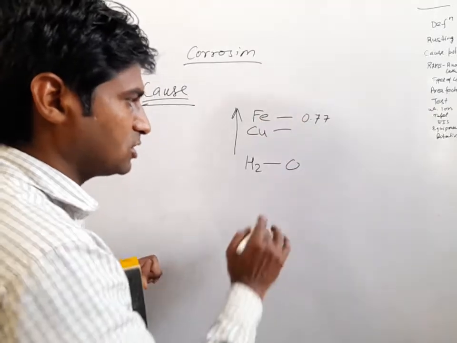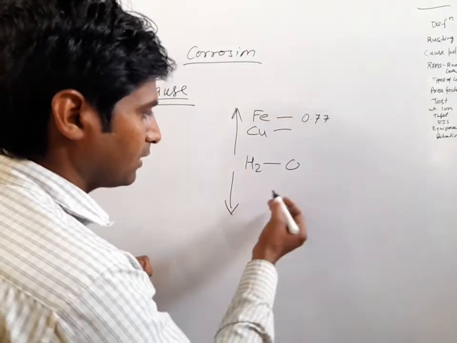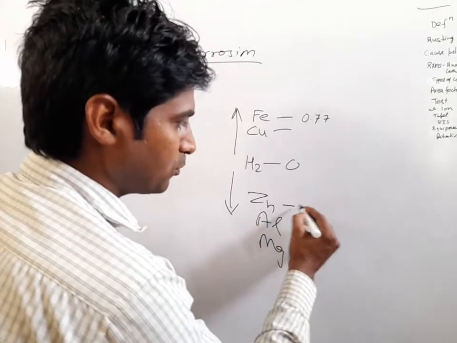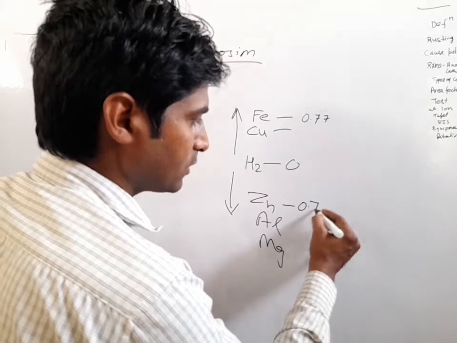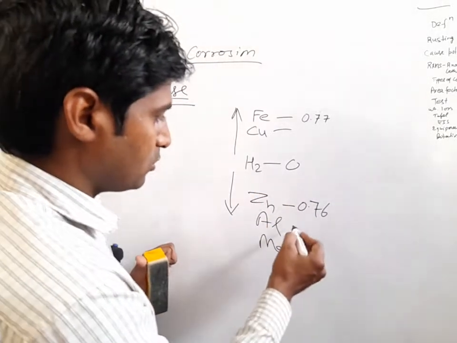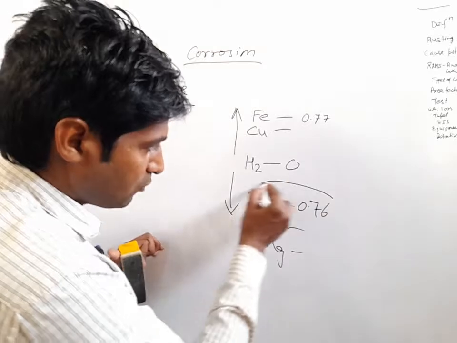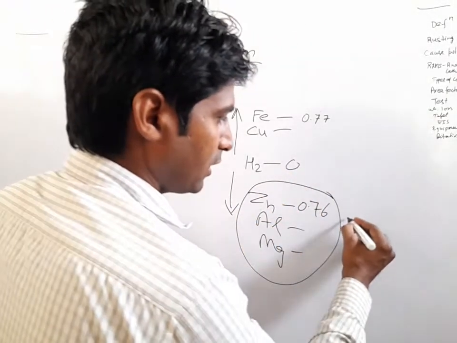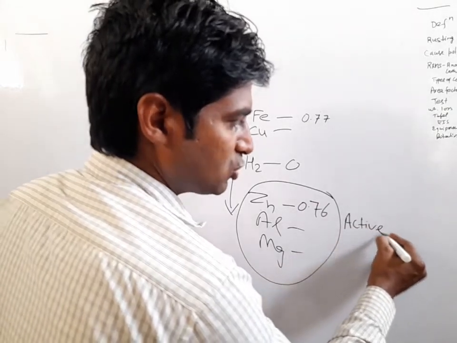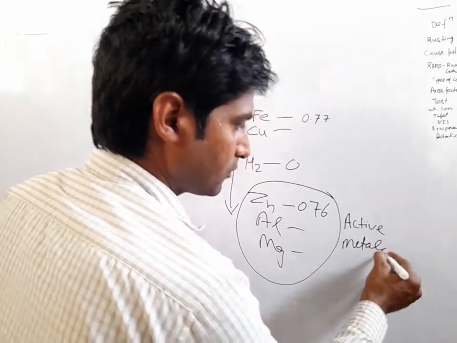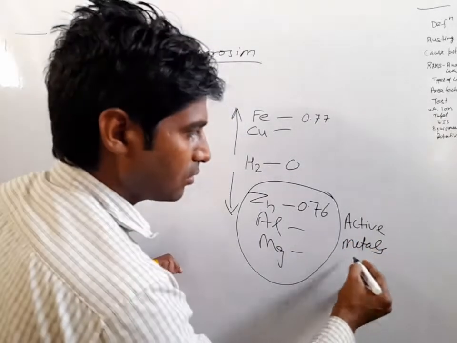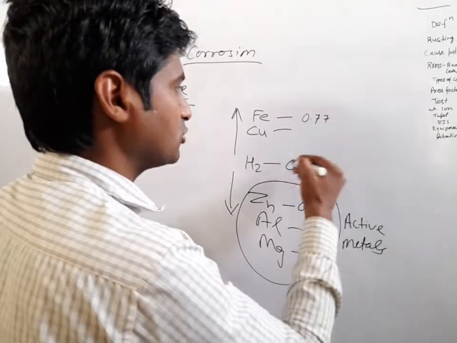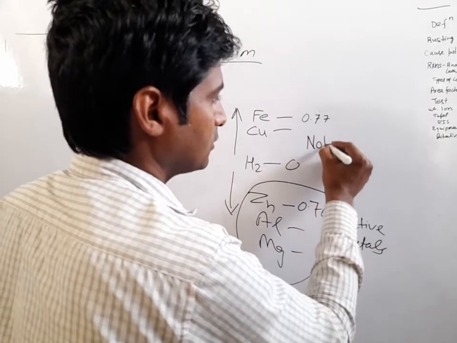The metals below it, like zinc, aluminium, and magnesium, have negative potential. Those below the hydrogen electrode are called active metals, and the metals above the hydrogen electrode are called noble metals.